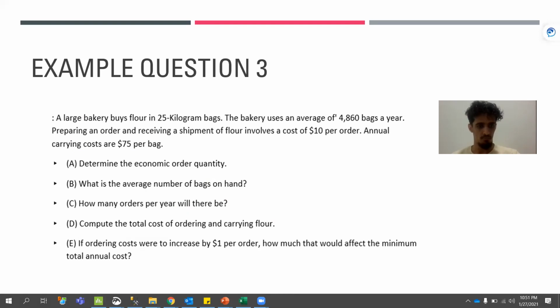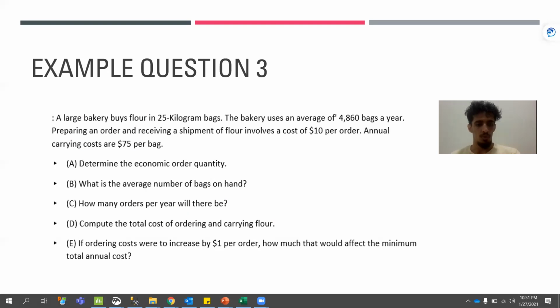So we have 5 points here we have to solve. The first one, A, determine the economic order quantity. B, what is the average number of bags on hand? C, how many orders per year will there be?